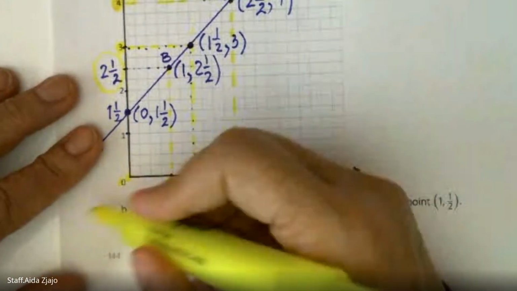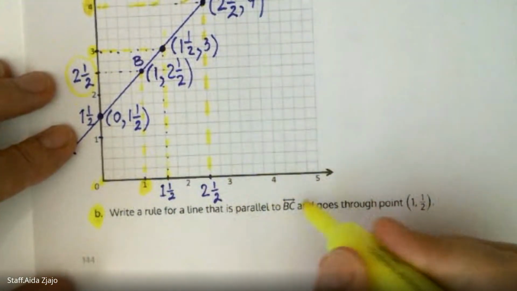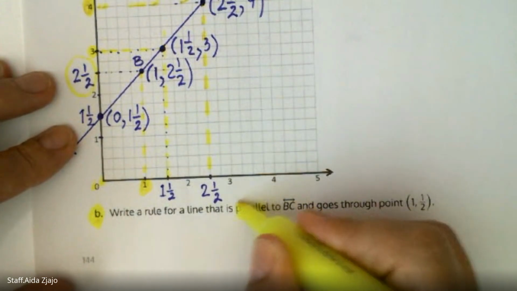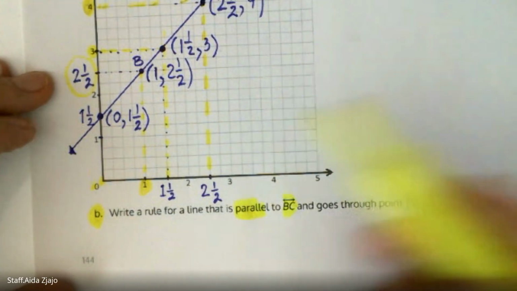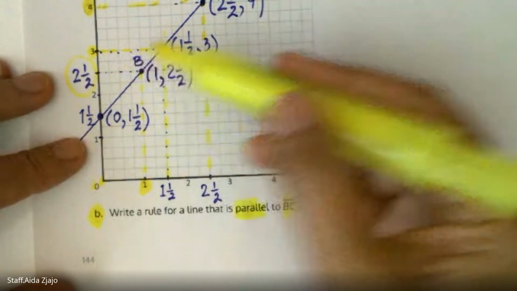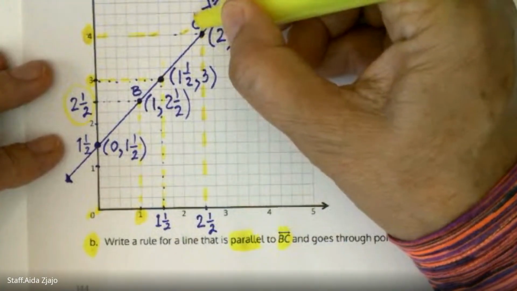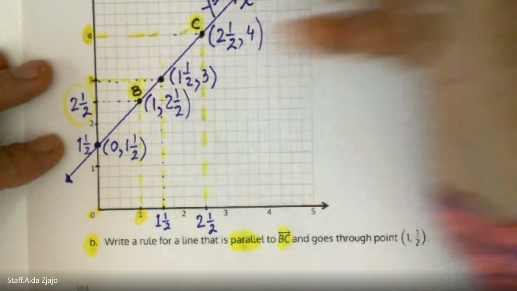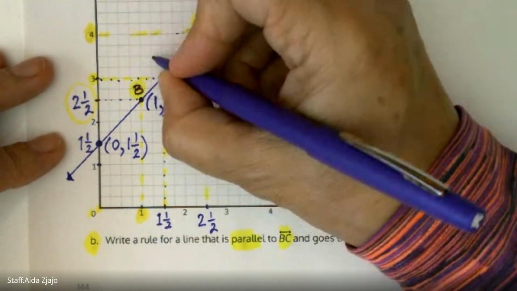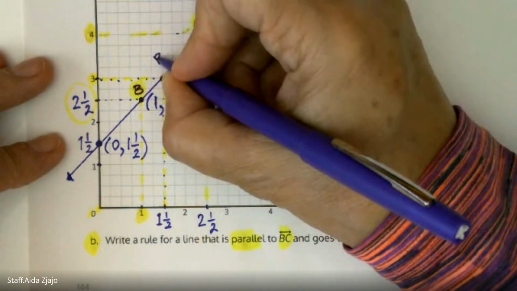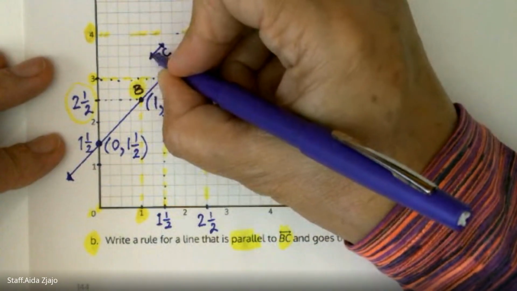For B, they say write a rule for the line that is parallel to BC. So that is line BC, because they call it line BC since they use points B and C. Then you label that line like this, BC, and you draw a line with arrows on both sides.